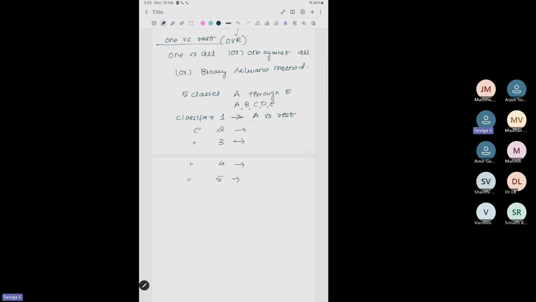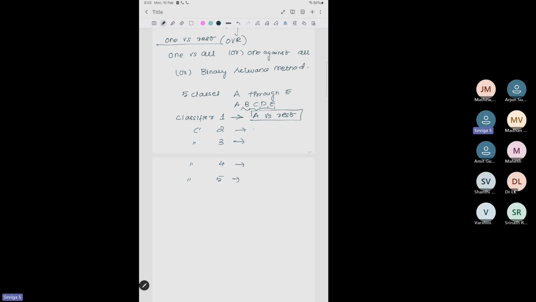The first classifier will classify A versus rest. What it means is that for a piece of data, we check whether it belongs to class A or not. We are concerned only about one class and not paying attention to any other class. Any data comes, we will check whether it belongs to A or the rest of the lot, whether it is A or B, C, D, E. If it is A, we will get A, otherwise we will get rest.